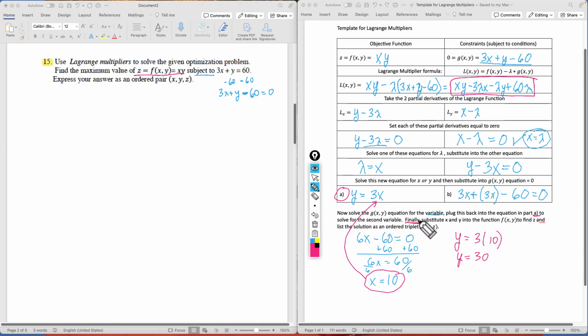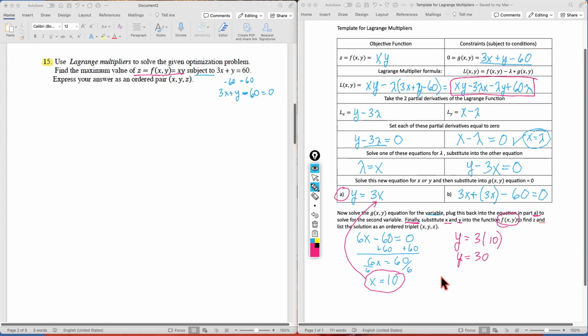The last step is that now that we have both x and y, we're going to go back to the objective function, the thing we want to maximize. We don't know otherwise, except that this Lagrange process gives us a maximum or a minimum, and since we are looking in this case for a maximum, it will give us a maximum. So we want to find the z.